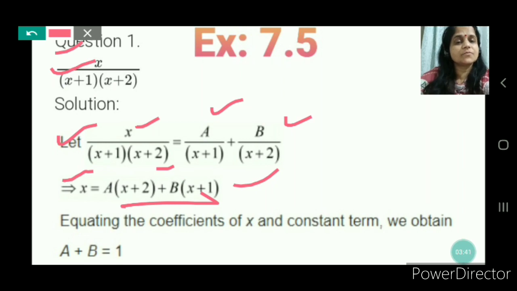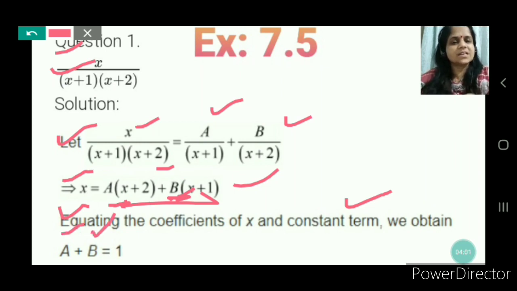Now we have to find the values of A and B, so equating the coefficient of x and the constant term. Equating the coefficient of x, here it is Ax and Bx, so the coefficient is A plus B, and on the left hand side it is 1. So you will get A plus B is equal to 1.